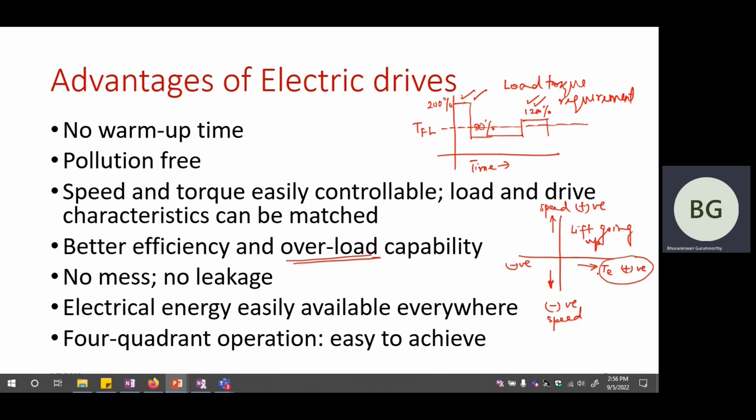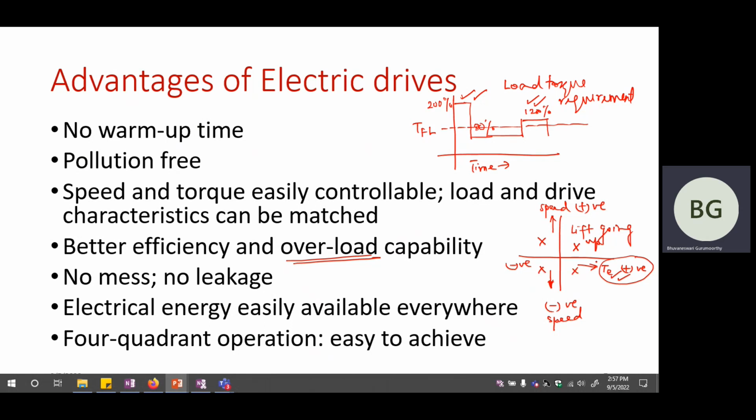So we may have to generate a torque which is positive, which will try to push it upwards, but gravity is pulling it downwards, and it will come down in a controlled manner because this torque is going to deter the cage from moving very fast in the downward direction. So we might have to have the operating point either here or here or here or here.